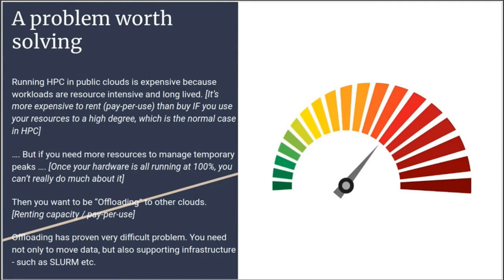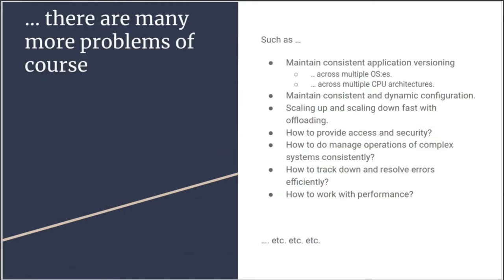To understand what we have done to address this problem, I'm probably going to have to introduce you to a bit more about the various components. But before that, I can mention that there are a lot of other problems related to running an HPC system and offloading the capacity. You have the maintenance of sometimes multiple operating systems.